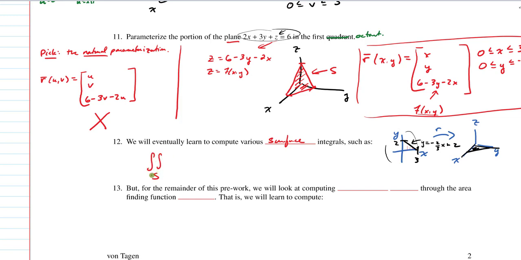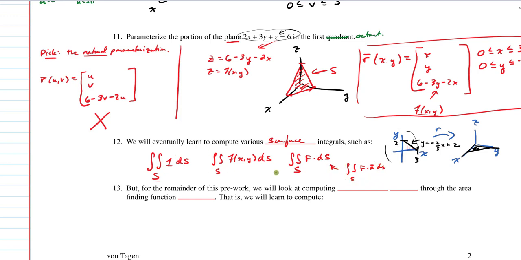We're going to integrate over our surface of maybe this one here, 1 ds, or maybe we'll integrate over just some generic function f of x, y ds, or maybe we will do some sort of vector operation, like f dot ds over s, or another way of writing that is the surface integral of f dot n ds, which is going to be called a flux integral.